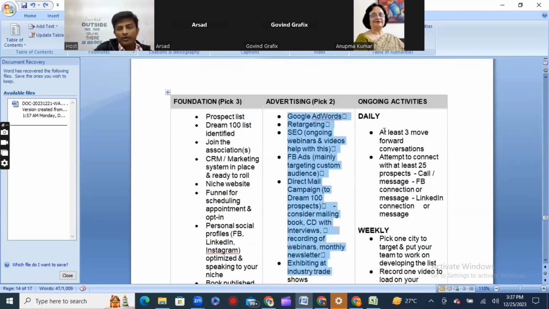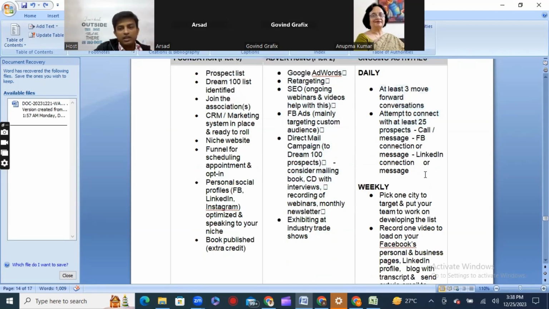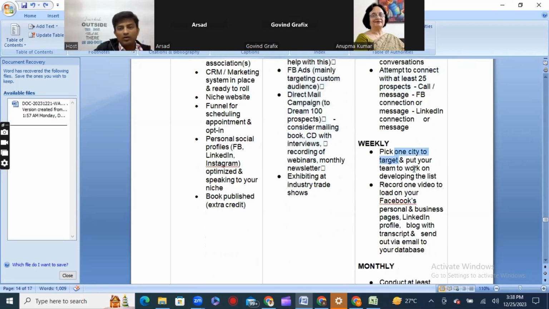Then this is the ongoing activity that daily you need to do: at least 3 conversations, okay. Attempt to contact at least 25 prospects by call, FB message, or LinkedIn message. Weekly, put your team to work, or you can work yourself also, or you can make your team work on developing the list of prospects, okay.